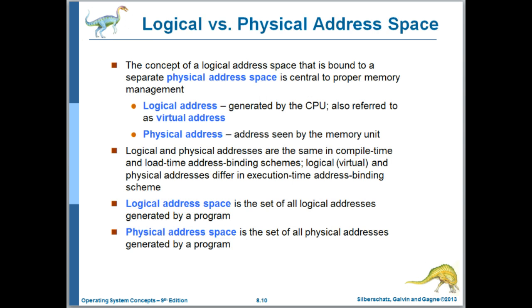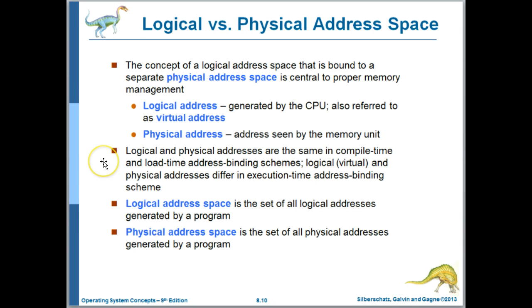When we have hardware support for this binding, then we can distinguish between logical addresses as generated by the CPU and physical addresses that are produced by a translation of a logical address via a hardware mechanism. And note that the terms logical address and virtual address are synonyms.